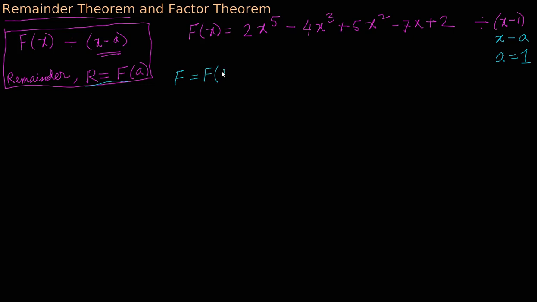So in this case my a is 1, so I need to find f(1). So 2 is 2, and instead of x I'm going to write 1^5, minus 4 times 1^3, plus 5 times 1^2, minus 7 multiplied by 1, plus 2.